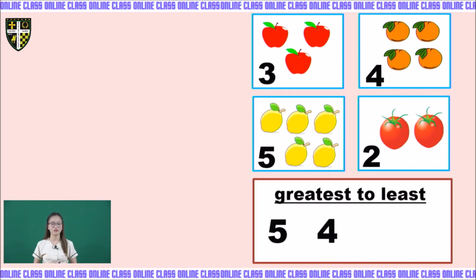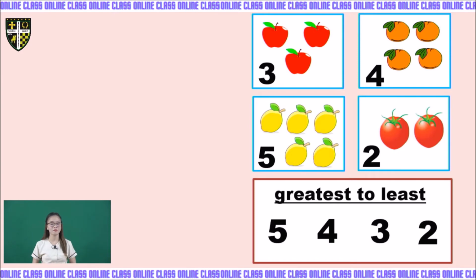Okay, very good. Then what comes next after 4? It's 3. Okay, very good. And the last one is the least, which is the 2. So this is the arrangement of greatest to least. So 5, 4, 3, and 2. That is greatest to least.